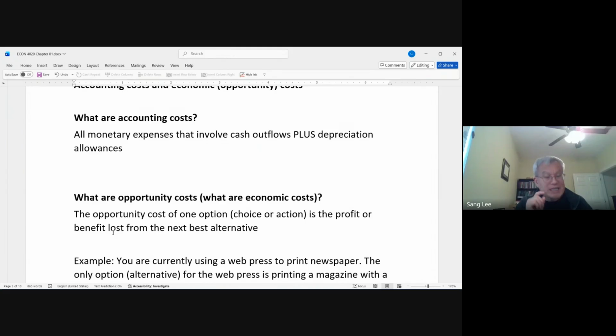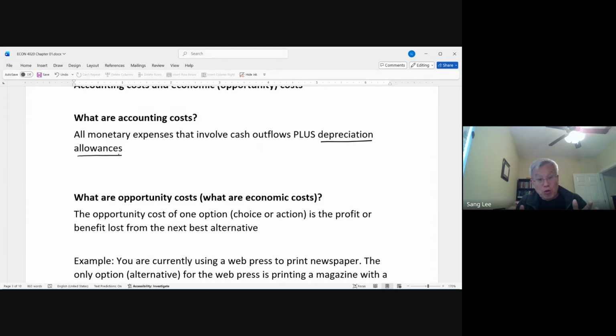But there's one exception. It is still an accounting cost, but it does not entail an actual cash expense. The only exception is what we call accounting depreciation, or sometimes depreciation allowances.